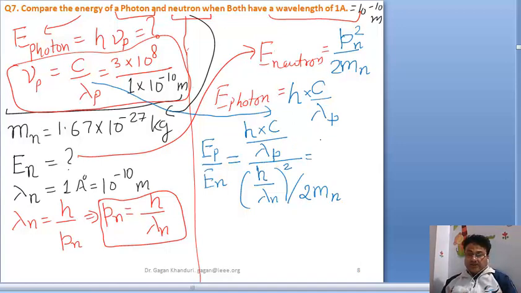What I can do is I can expand it. I don't want to solve it right here because I can see that some quantities are going to get cancelled.